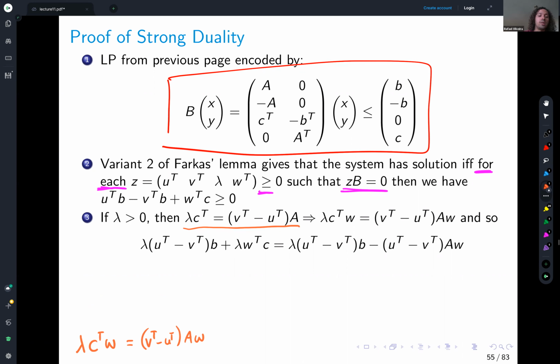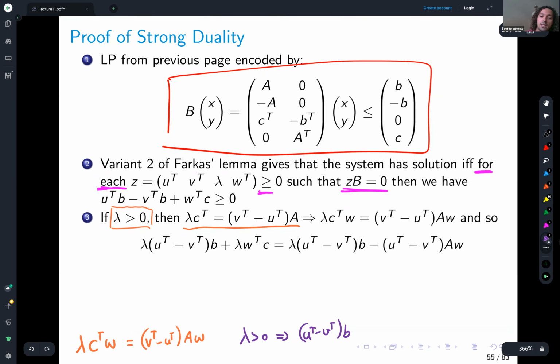Well, notice that lambda bigger than 0 implies that U transpose minus V transpose B plus W transpose C is greater or equal to 0 if and only if, when I multiply by lambda, the same inequality holds.